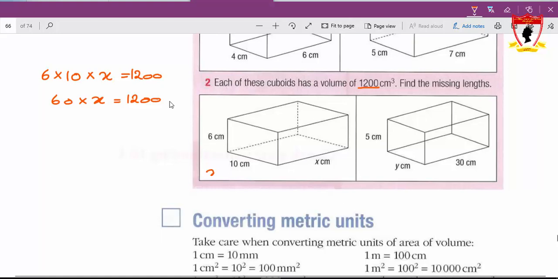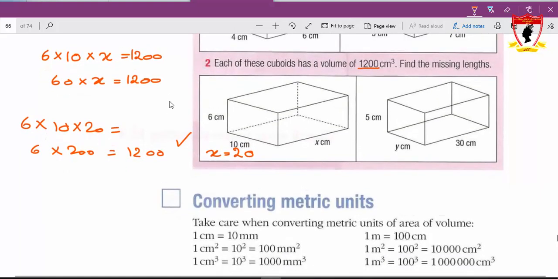Let's check the answer. 6 times 10 times 20 must be equal to 1200. 10 times 20 is equal to 200. So we will have 6 times 200. There are 2 zeros. Copy them down. 2 times 6 is 12. Yes, that's correct.